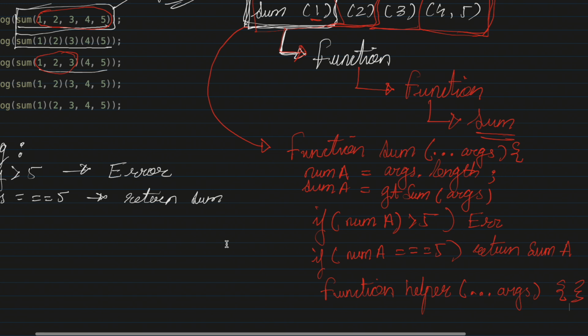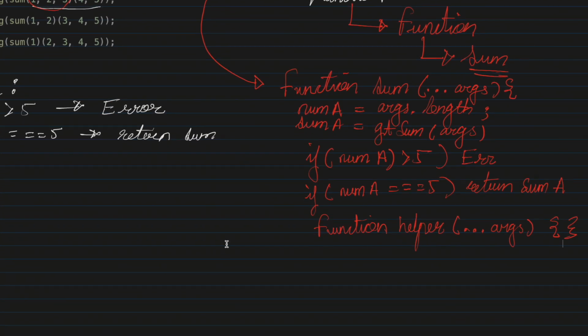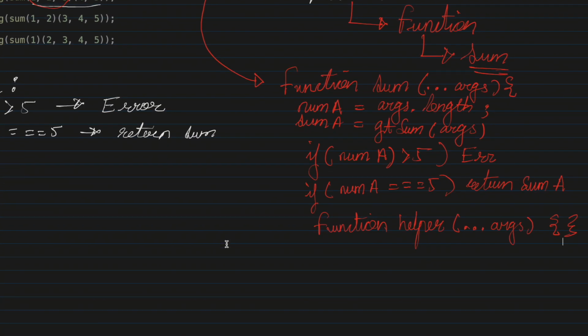So this also receives a variable number of arguments. Okay, this is also clear. And when these two conditions are not met, that time we are returning the helper function. Okay, this is fine. This is how the structure of our code will look.